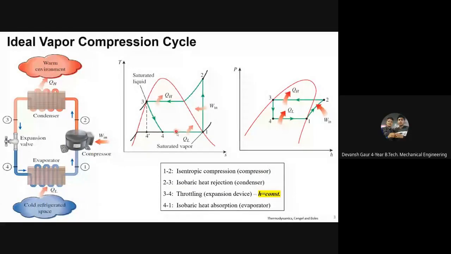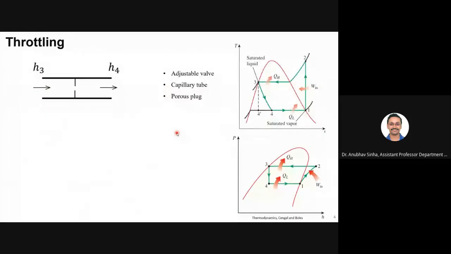Okay, yes sir. Now let us look at what is going on. These are the two plots we discussed in the last slide. We are interested in the 3 to 4 process. Basically you use either an adjustable valve, a capillary tube, or a porous plug. These are the common devices used to throttle a fluid.